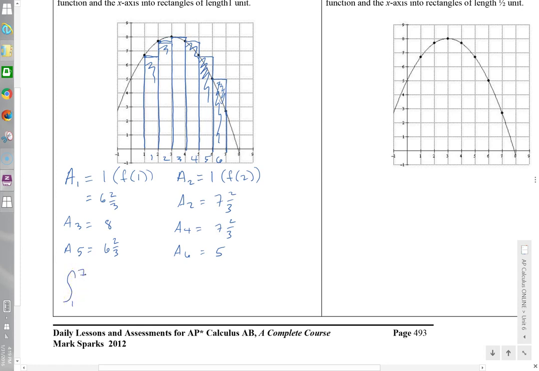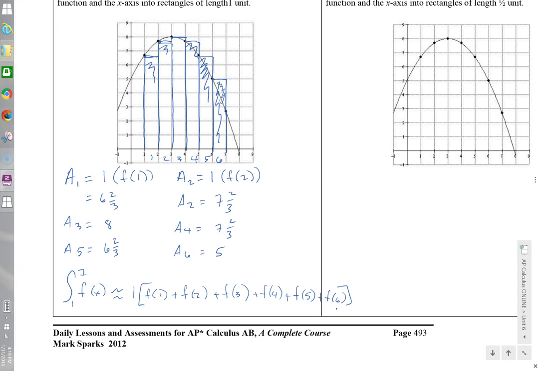So the integral from 1 to 7 for this function is approximately equal to the area of each one of these added together, and that was actually 1 for the width times f of 1 plus f of 2 plus f of 3 plus f of 4 plus f of 5 plus f of 6. And then we would add up all of those pieces, which I am not going to do, just because it's just arithmetic, and you should be able to do that.